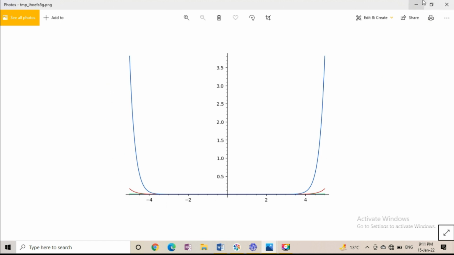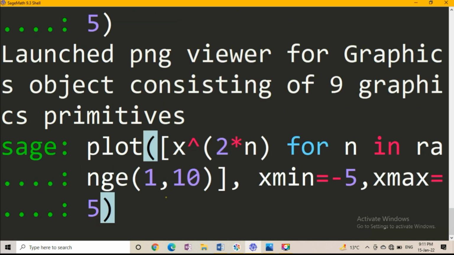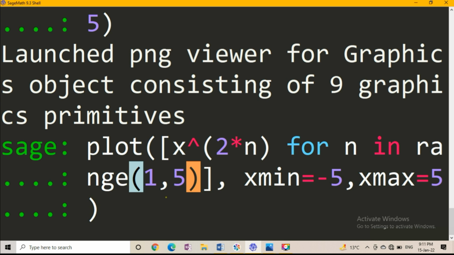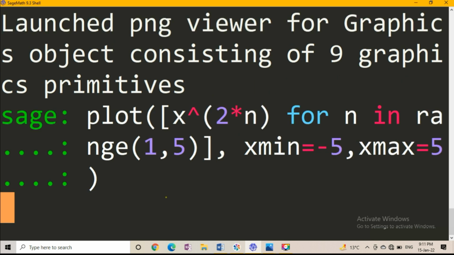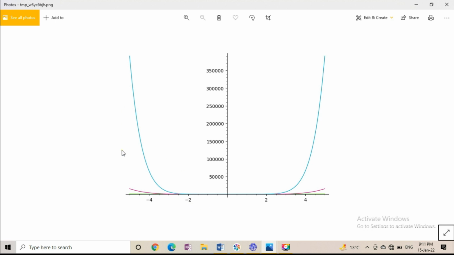If we change the value of n, now look at this, we change the range of n from 1 to 10 to 1 to 5, then this is the graph, 1, 2, 3, 4, 5.